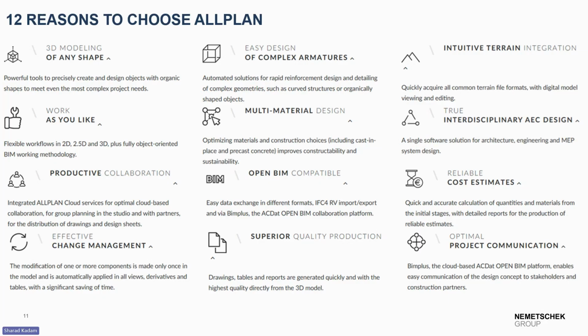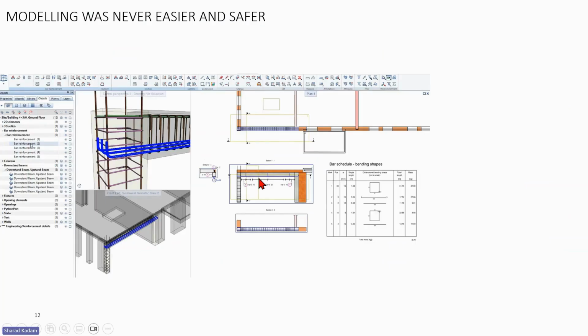To sum up, what Allplan can do is any kind of 3D complex modeling and any kind of 3D complex rebar. We have interdisciplinary AEC design, reliable cost estimates can be done, and it's an open BIM platform, so our model can be transported through IFC to the various stakeholders. So moving on to the Allplan side, modeling is pretty easy.